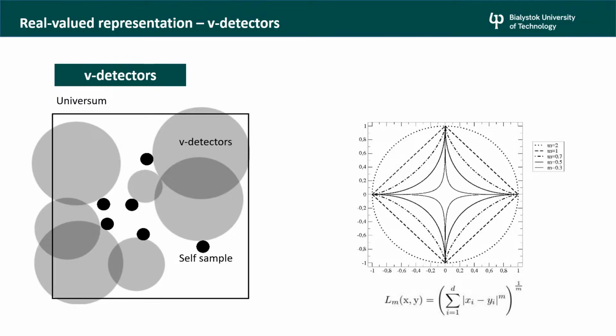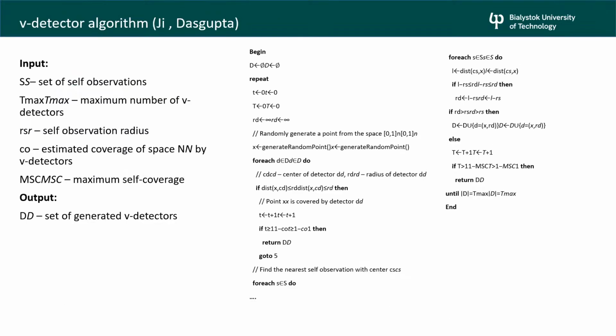We randomly select a point in the universe. We calculate the nearest distance to the self-sample. Then we can create a detector with the center in this randomly selected point. As you can believe, this is the algorithm for generating the detectors.